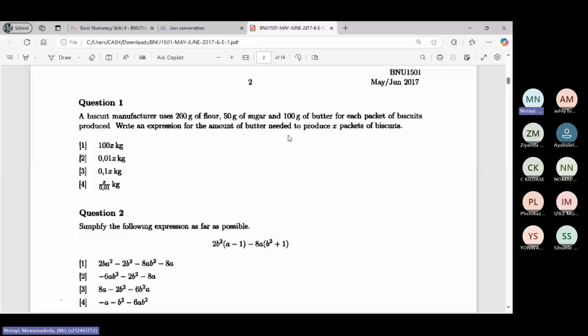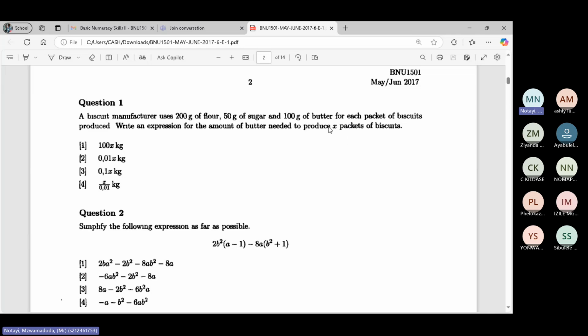So the total amount of butter needed is 100 grams multiplied by the number of packets produced, which is X. So it's 100 grams multiplied by X.